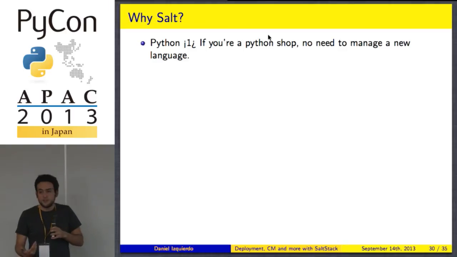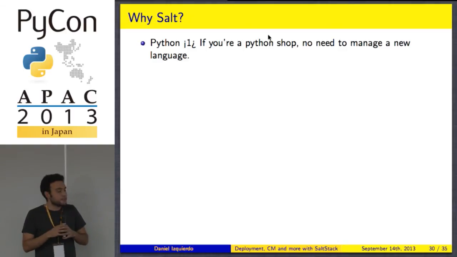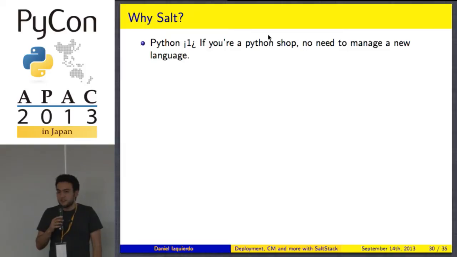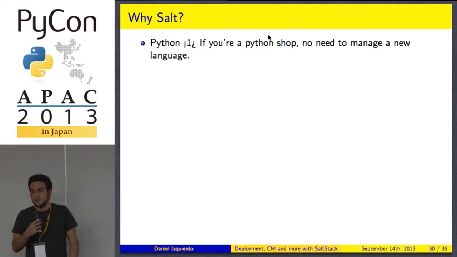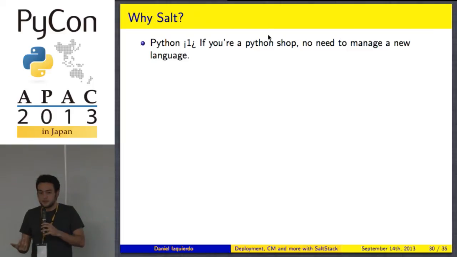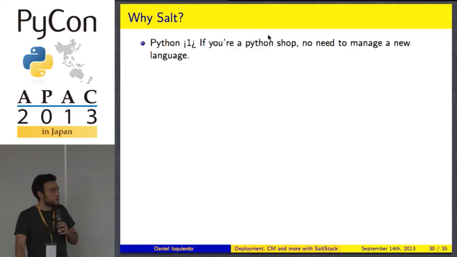So why did we decide to use Salt? The PDF is a bit messed up, but basically one of the big reasons for us to use Salt is that it's written in Python. It means if you're a Python shop like us, you don't need to learn a new language just to start using a configuration management tool, or if you want to add modules and you already know the language, it's very easy with your existing tools to develop the modules that you need.